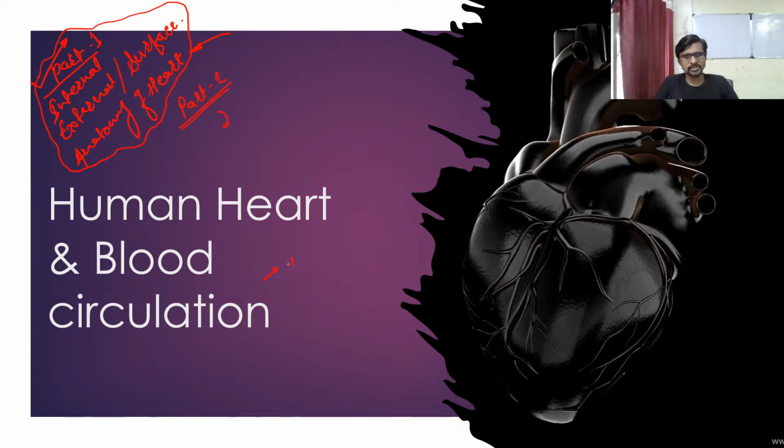Today we will cover the types of circulation, how it occurs, and the very important thing, the direction. Tomorrow, Saturday at 7 p.m., we will have the same session as part 3, covering diseases and malfunctioning: abnormal functioning of the heart, diseases like heart attack and arrest, and malfunctioning in the myocardial muscles.